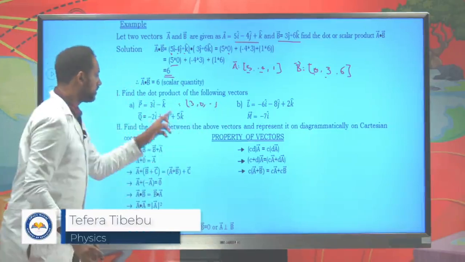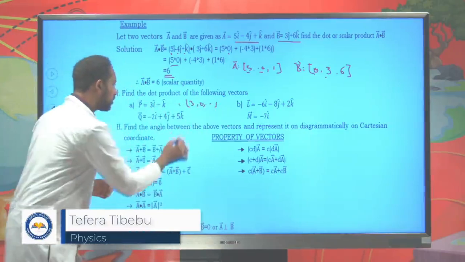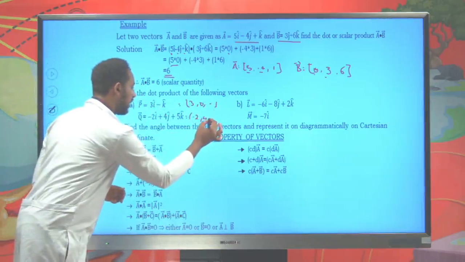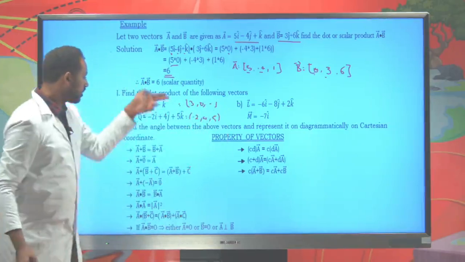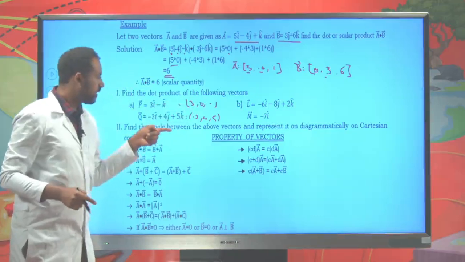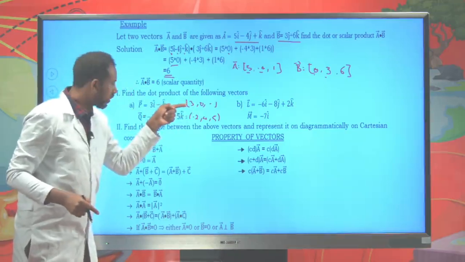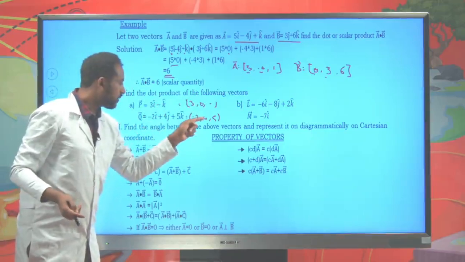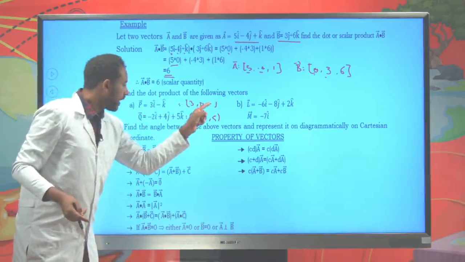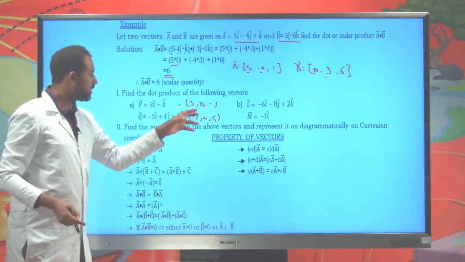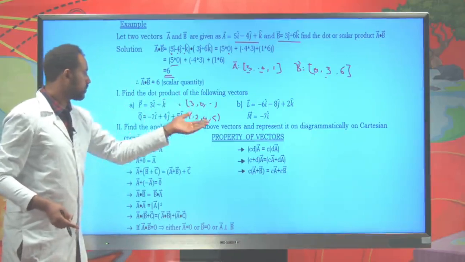These are the components of P. The components of Q are minus 2, 4, and 5. Therefore, when determining the dot product, you multiply the respective components. 3 multiplied by minus 2 gives you minus 6. 0 multiplied by 4 gives you 0. And minus 1 multiplied by 5 gives you minus 5. Then we add these.